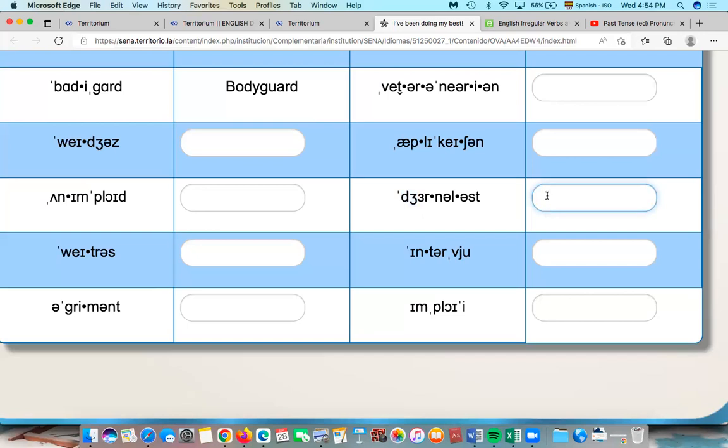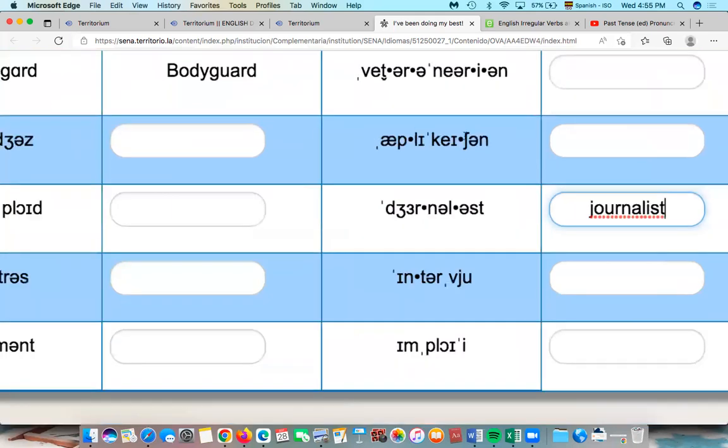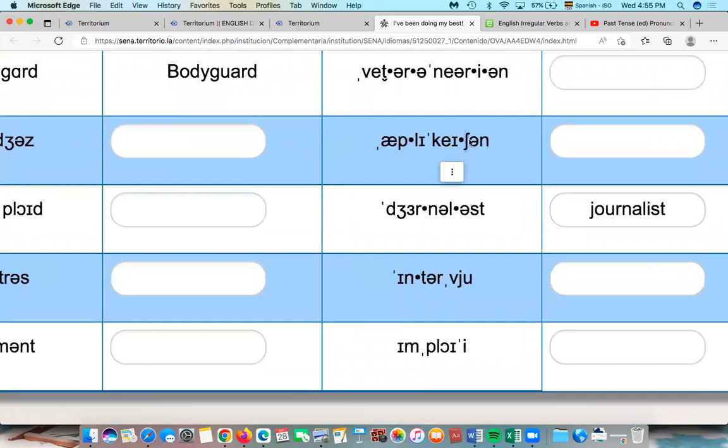Hay unas que uno las agarra de una, como hay otras que no. La D, Z, esta siempre es como cuando es esta S alargadita, es sh. Mientras que esta S con una T al lado, es la CH.